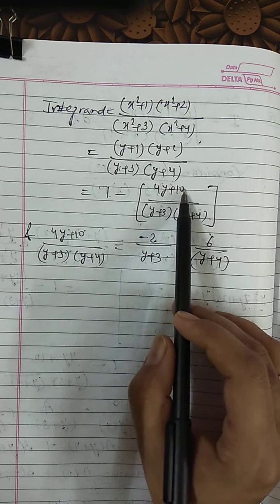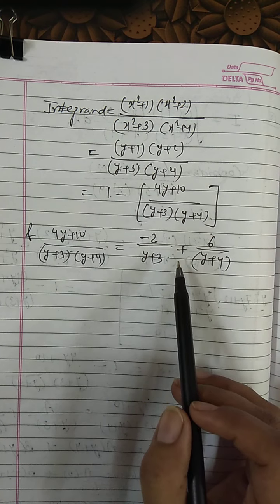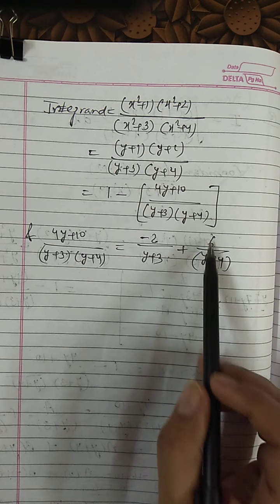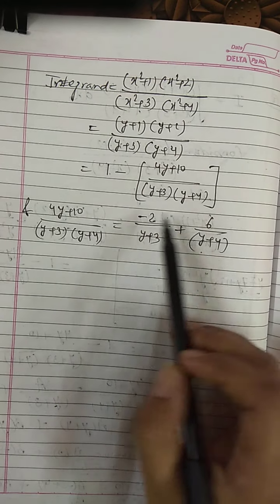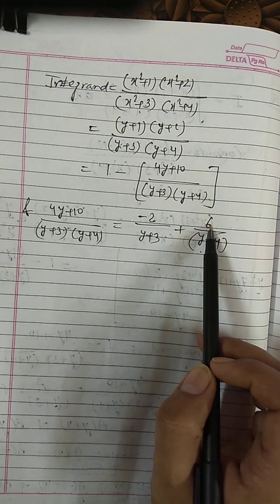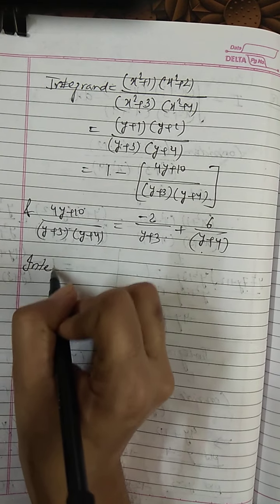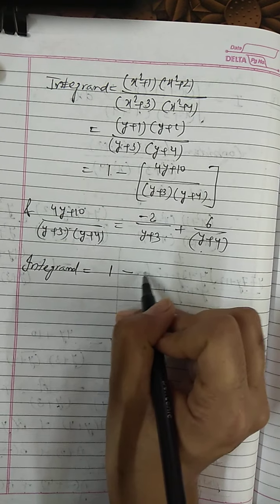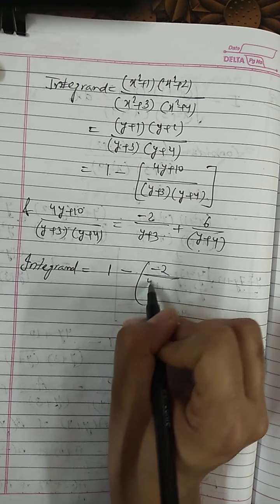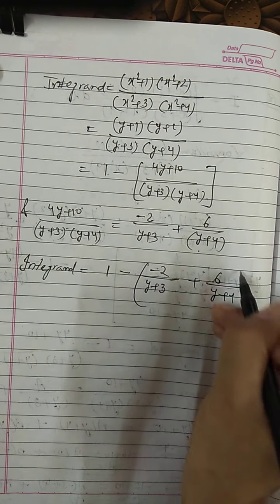We are taking 4y plus 10 upon this term, and we are writing it as the sum of partial fractions: a upon the first linear factor plus b upon the second linear factor. Just now we have calculated the values of a and b. I have put those values. So our integrand is becoming 1 minus 2 upon y plus 3 plus 6 upon y plus 4.